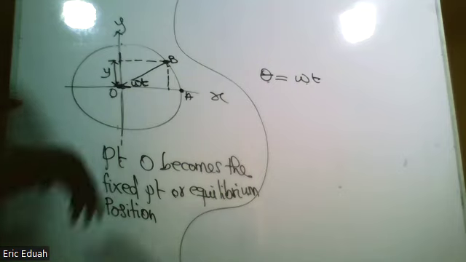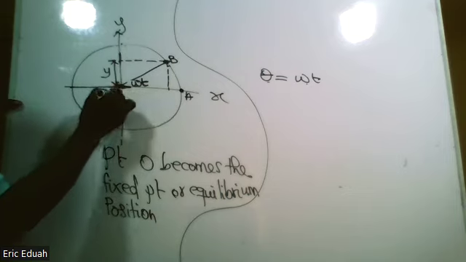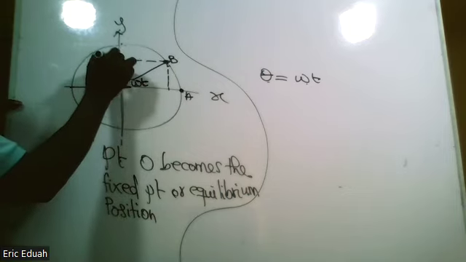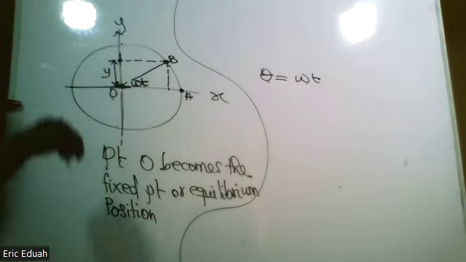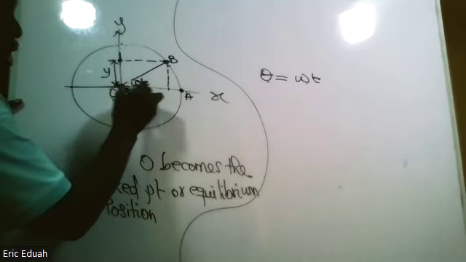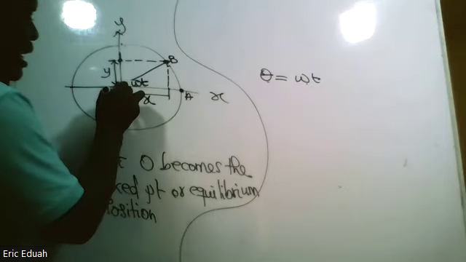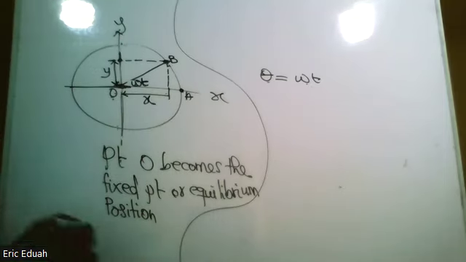So its displacement around the mean point O can also be traced to X. As I said earlier, the displacement can be vertical or horizontal.